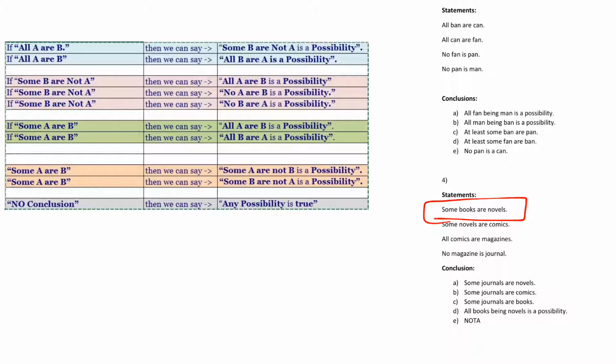See here, some A R B. So all A R B is a possibility, or some A R B, you can say all B R A is a possibility. So directly you can say yes, this follows as a possibility. This one we have ruled out, use the option, these two.